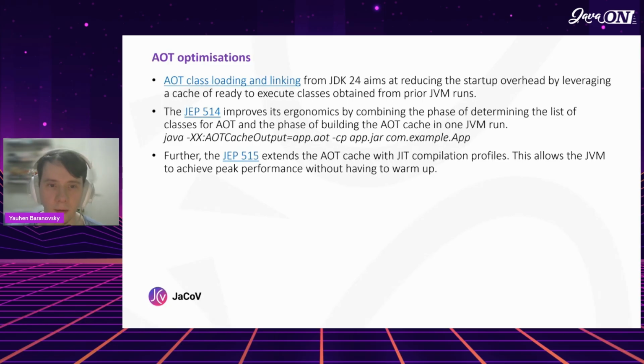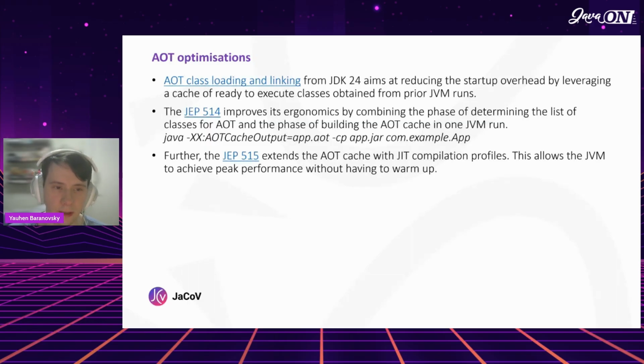Now the CLI ergonomics of that feature has improved. Previously, you had to explicitly perform 3 steps. Namely, you had to collect the configuration, which listed all the class files you would like to process. Then you had to capture that list as a cache, and only then you were able to actually use the cache. Now it's just 2 steps. Basically, the first 2 steps collapsed into one command line.